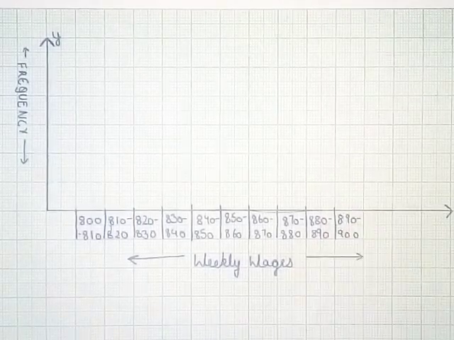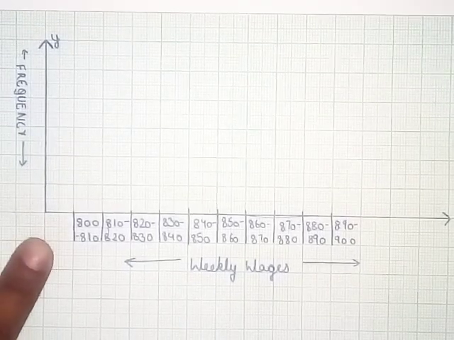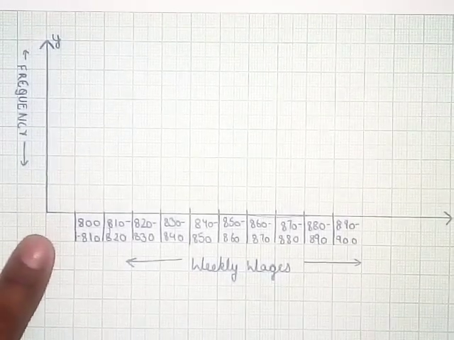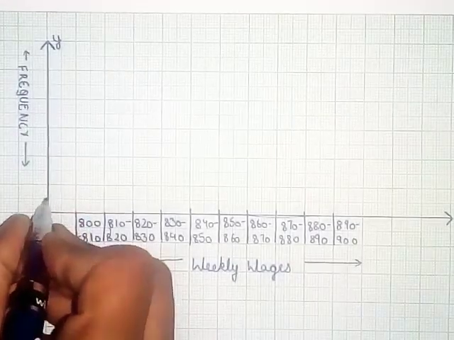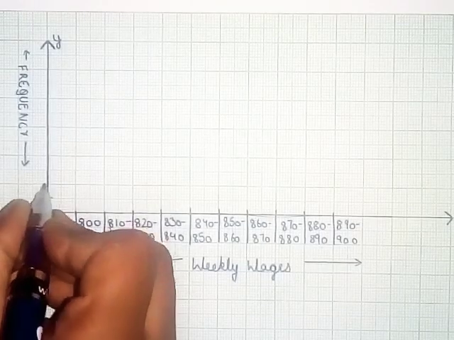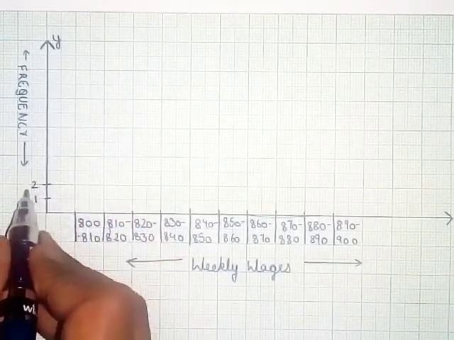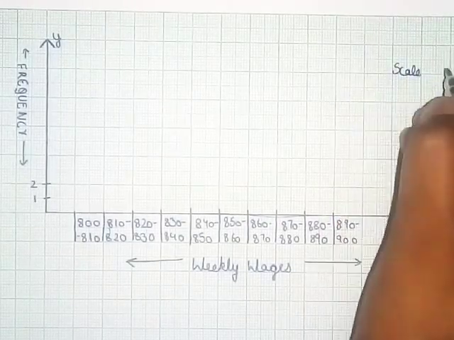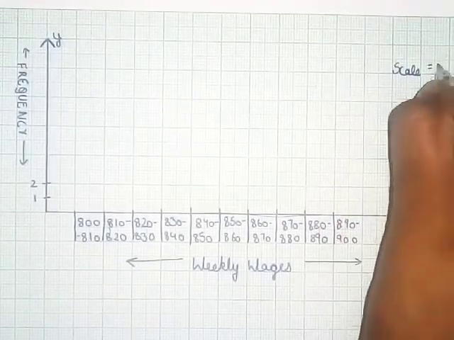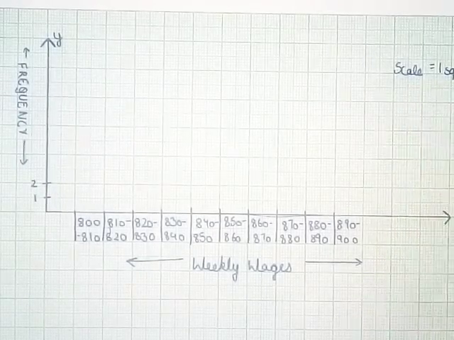Friends, there is a rule that we have to make a histogram always with a pencil. Now here our scale is 1 square is equal to 2.